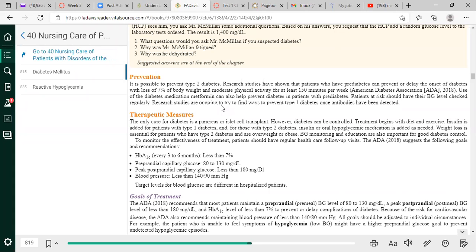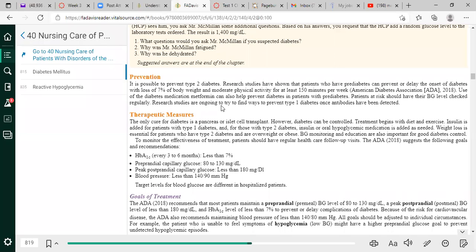So it talks about therapeutic measures. The only cure for diabetes is a pancreas or islet cell transplant. However, diabetes can be controlled. Treatment begins with diet and exercise. Insulin is added for patients with type 1 diabetes and for those with type 2 diabetes.